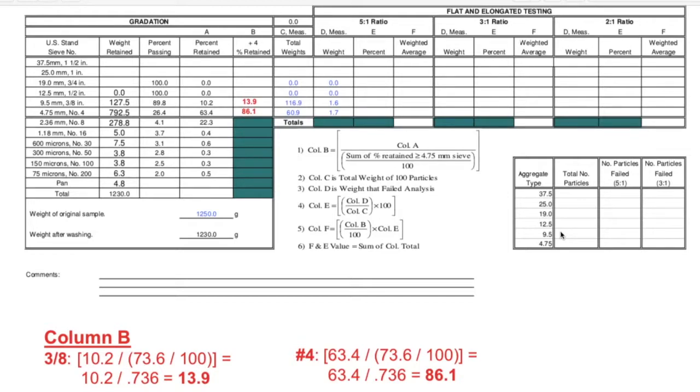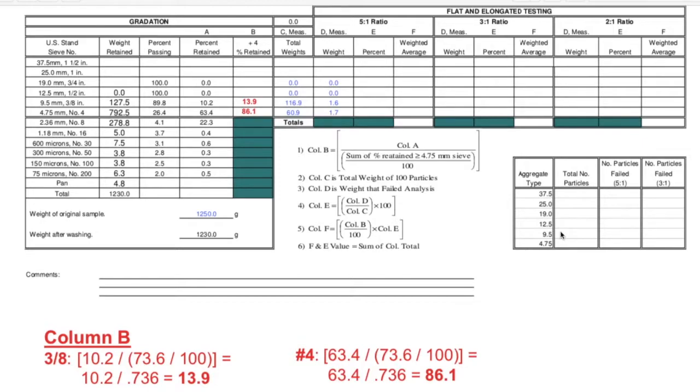On the number 4 sieve, column A, which is 63.4, divide that into the value of the sum of the percent retained on the 4 divided by 100, which is 0.736. Also, 63.4 divided by 0.736 yields us an 86.1.